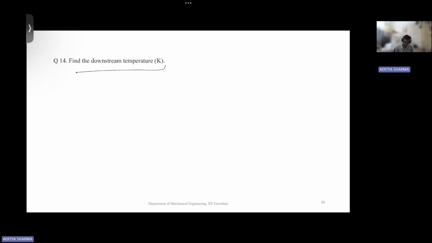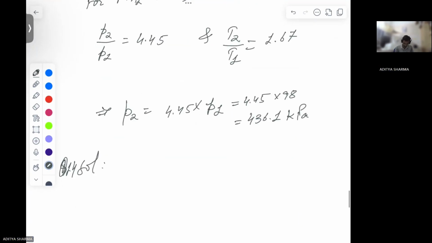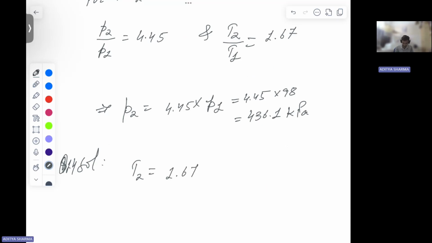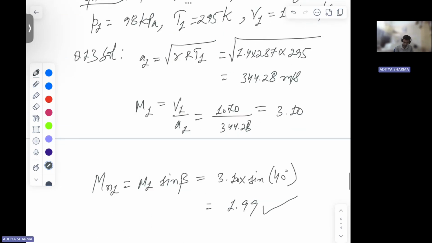Find the downstream temperature. This also we can calculate. T2 by T1 is 1.67, so T2 is 1.67 into T1. What is T1? T1 is 295.